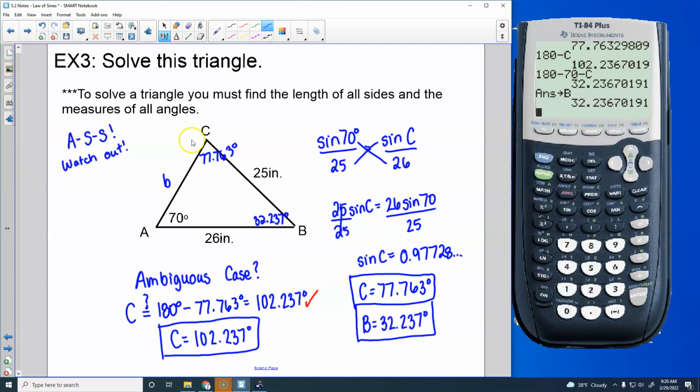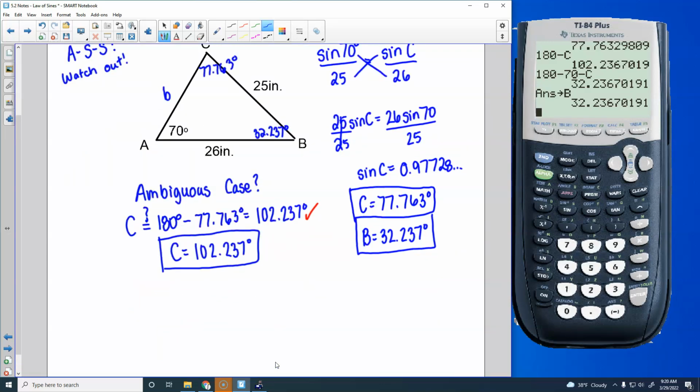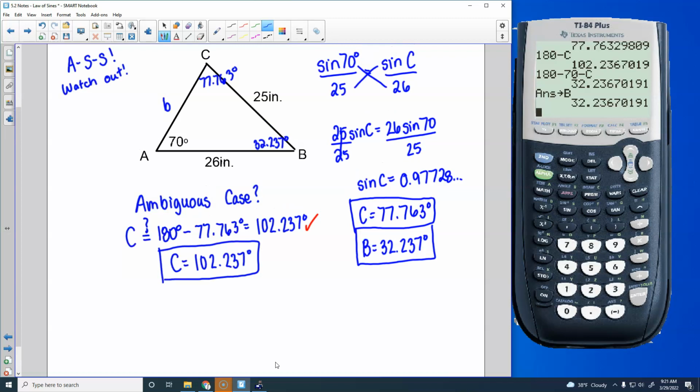I typically use 70 and 25 when I set this up because those numbers are not decimals and are just easier to work with. Plus I know that I don't have any rounding errors with those numbers because they're original from the problem. You could, however, use 77.763 and 26.